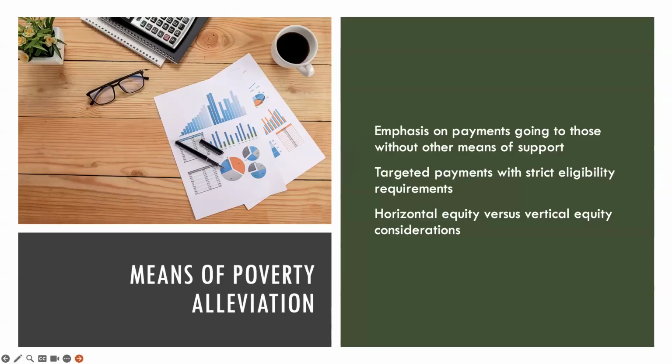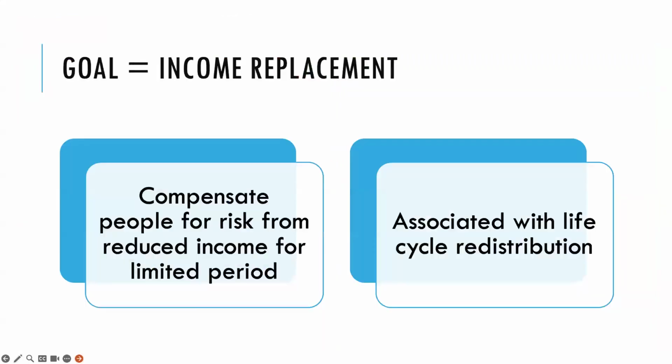And it is, again, very much targeted payment with strict eligibility requirements. And again, horizontal equity versus vertical equity considerations are interacting in the way we tend to alleviate poverty in Australia. So the goal is, of course, mostly around income replacement in the Australian context.